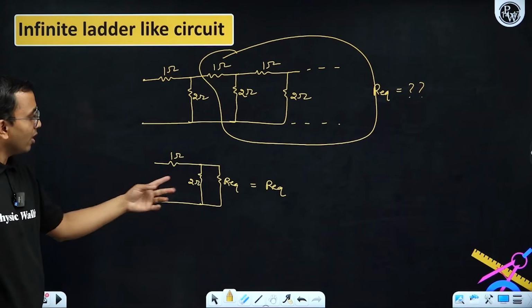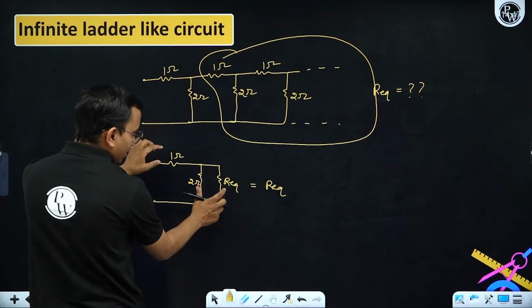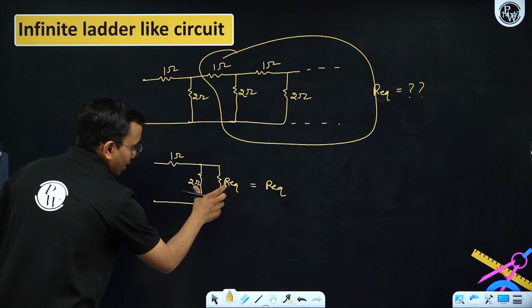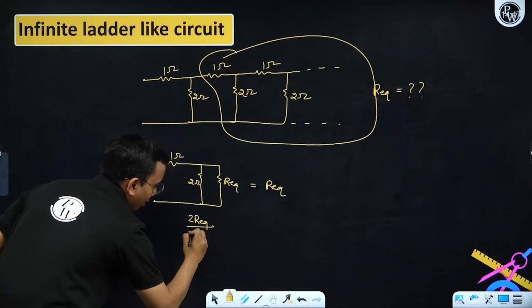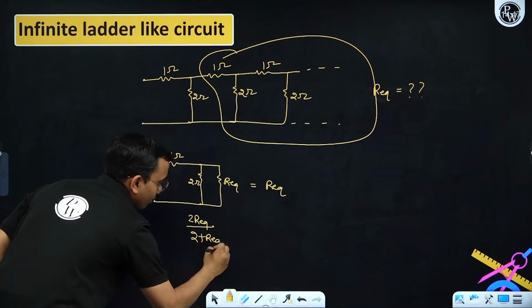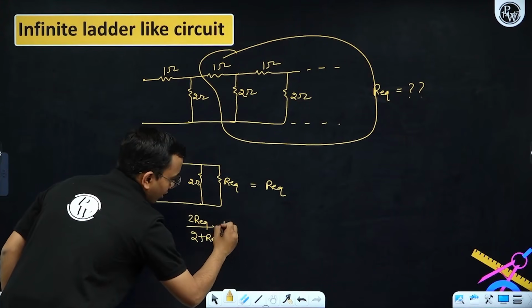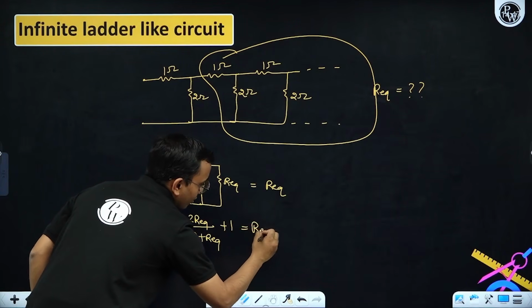So write the equation. Now this 1 ohm is in series with these two in parallel. What these two in parallel means: R equivalent into 2 divided by 2 plus R equivalent, that is in series with 1, so plus 1, and this is equal to R equivalent only.